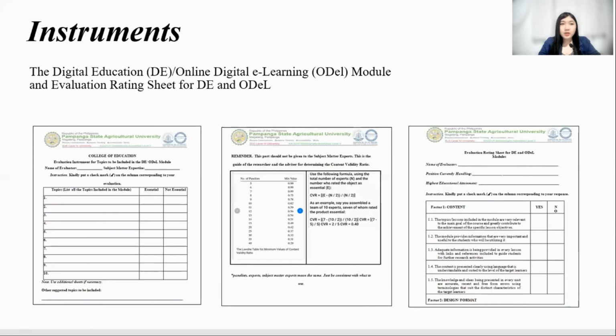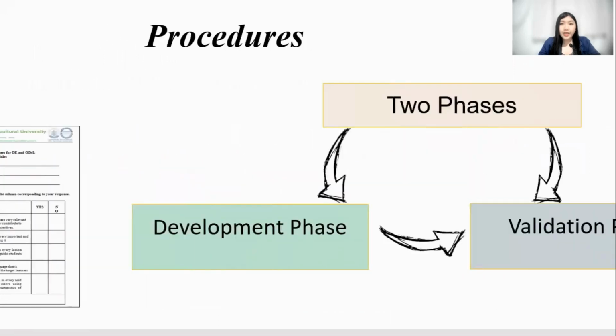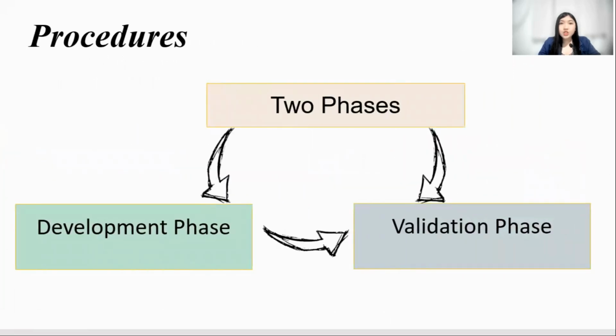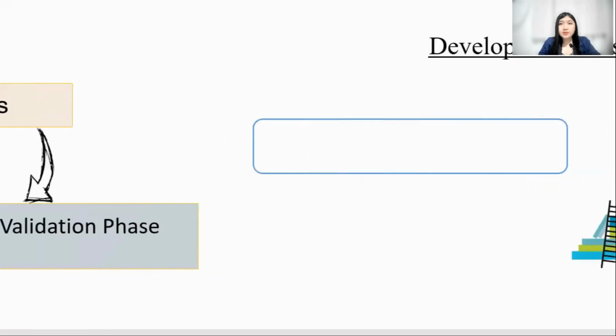The instrument that was used includes the Digital Education or the DE Online Digital E-Learning ODEL or module, and the evaluating rating sheet for the DE and ODEL. A modified version was used and approved by the Dean of the College of Education. For the procedures, there were 2 phases involved: the development phase and the validation phase.